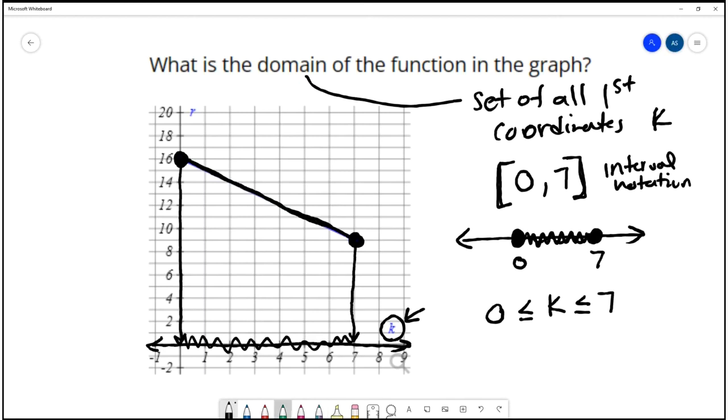And notice I've used an equal to so that the endpoints are included. So to include endpoints in interval notation, we use brackets. On the number line, we fill in the circle. And with inequalities, we write the equal to. So our domain is 0 is less than or equal to k is less than or equal to 7.